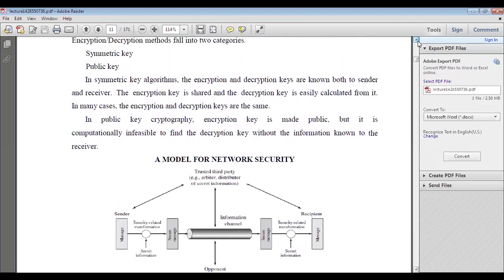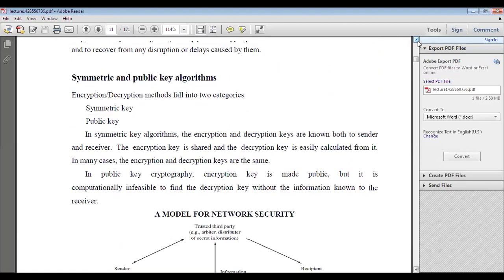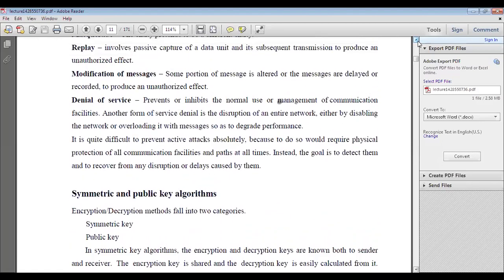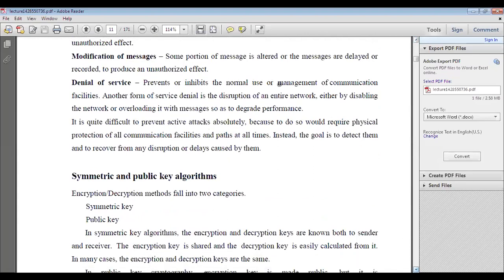Generally in cryptography, mainly we use two types of encryption. The first is symmetric encryption and the second is asymmetric encryption.